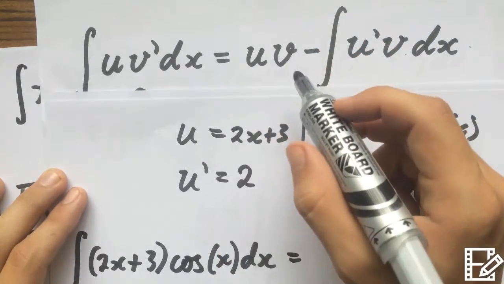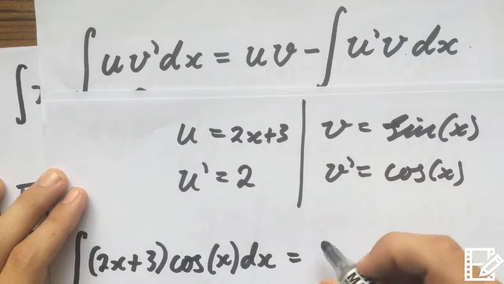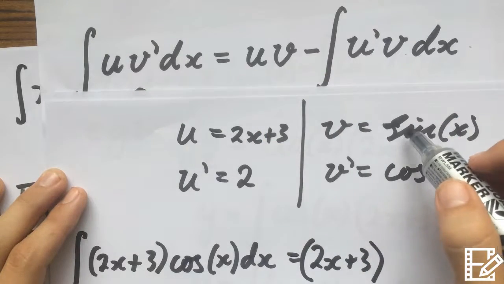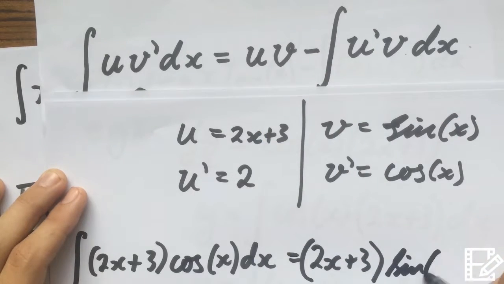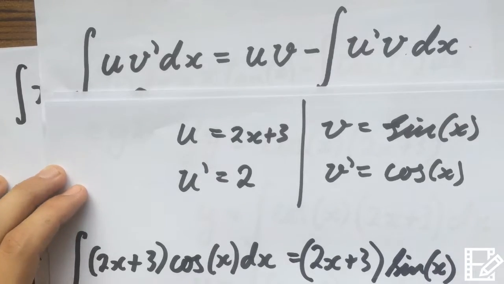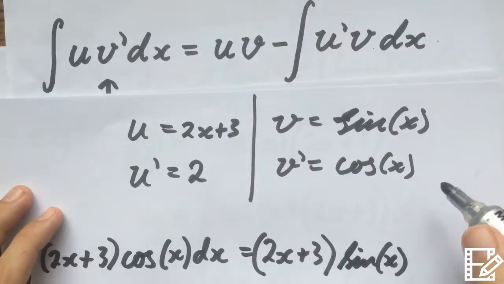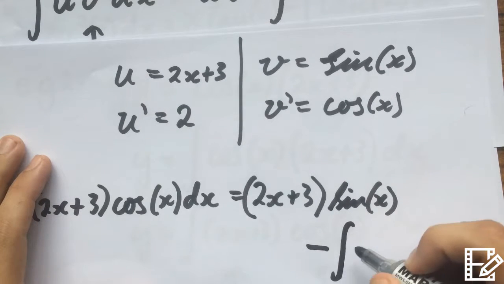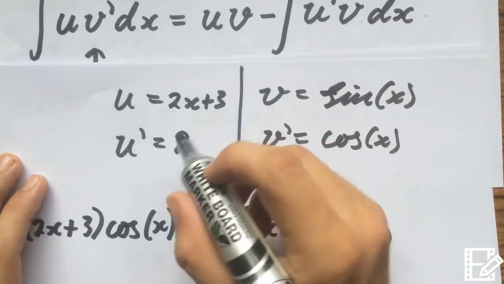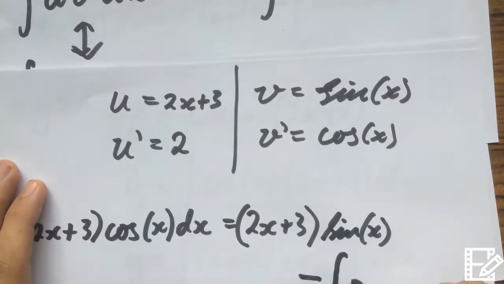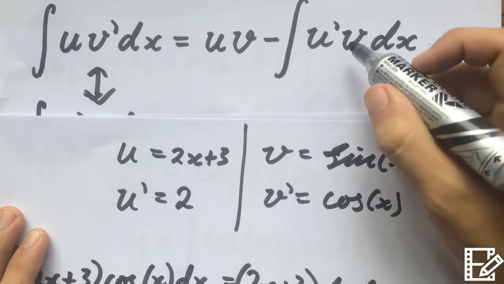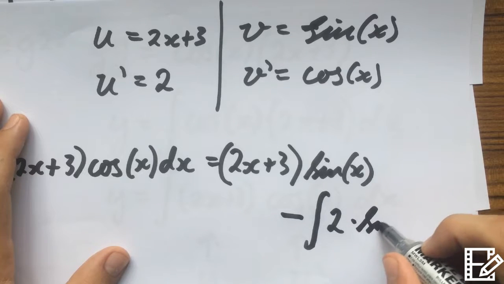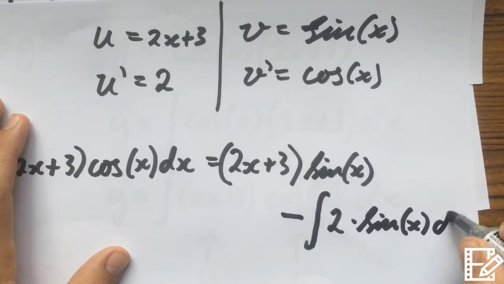So u multiplied by v, that's u, 2x plus 3, multiplied by v, which is sine x. Now what we're going to do is subtract. I'm going to bring it down here because I'm running out of room, but subtract the integral of v dash, which is of u dash, which is 2, multiplied by v, which is sine x, dx.